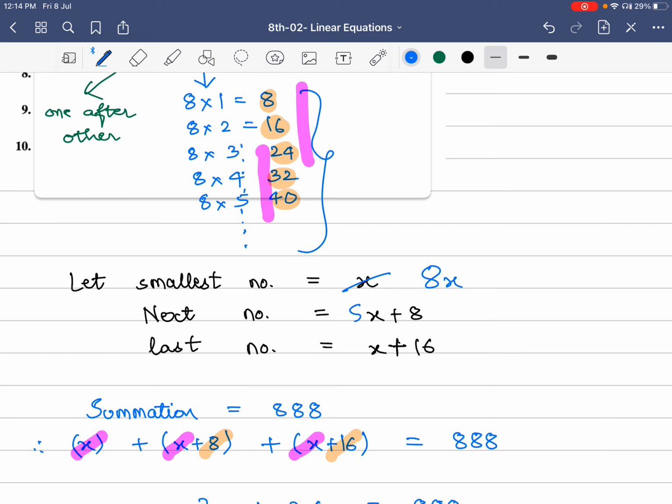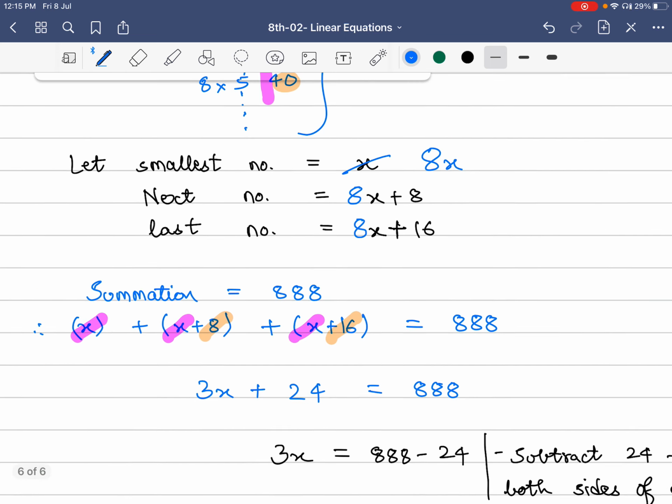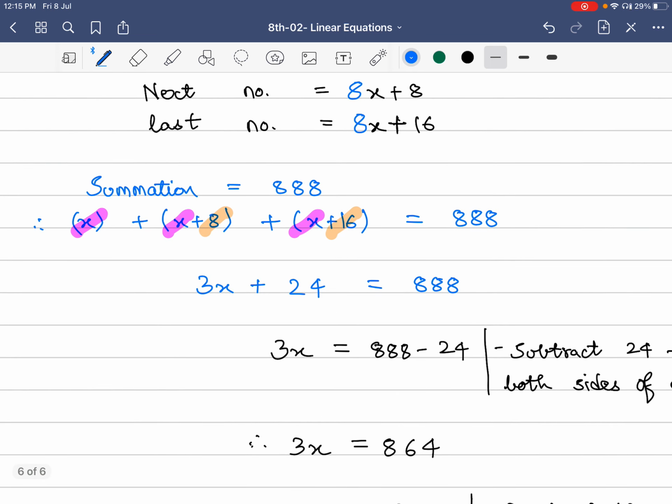Then the next number will be 8x plus 8, and the next number will be 8x plus 16. Okay, so that way we will have these three consecutive numbers, and thus our equation will now change.